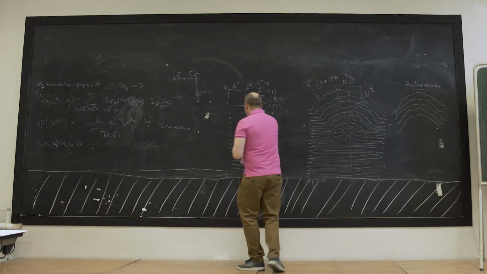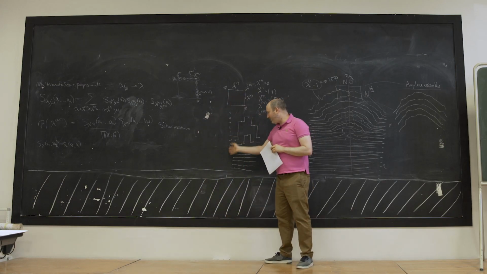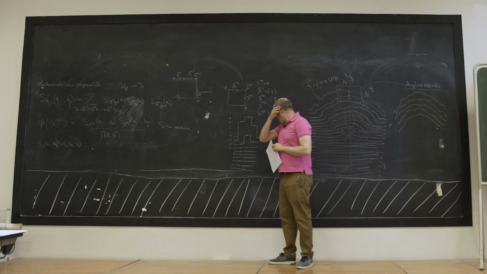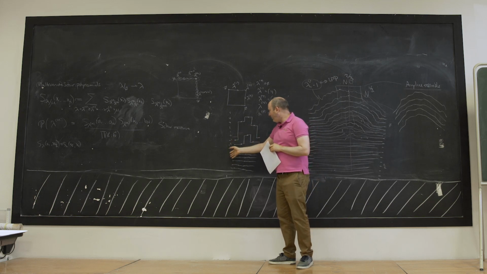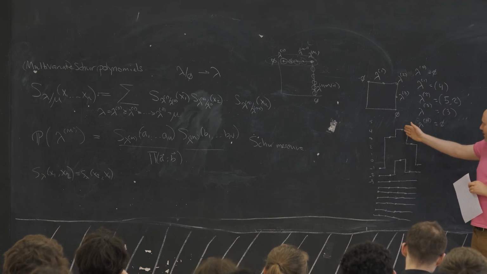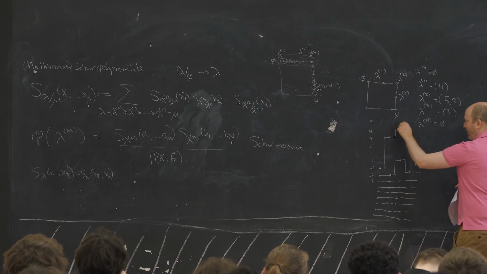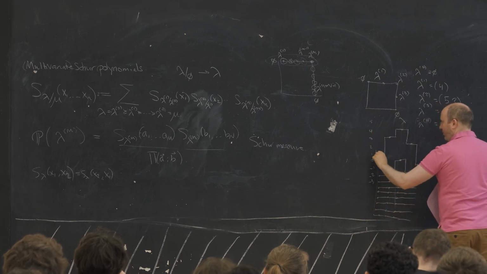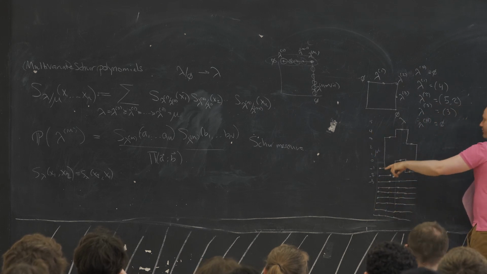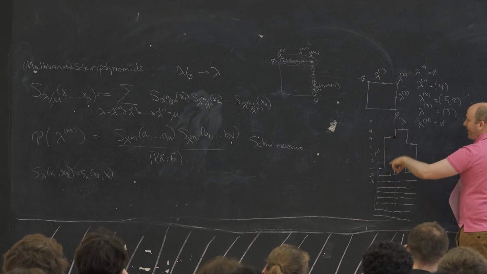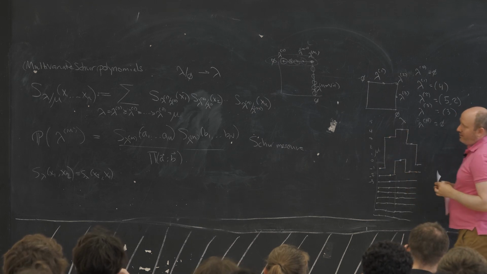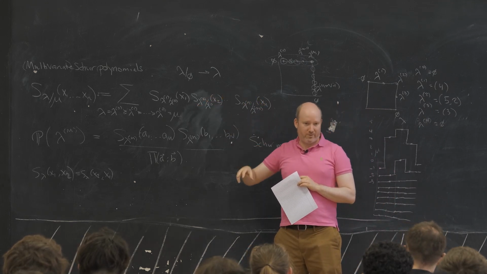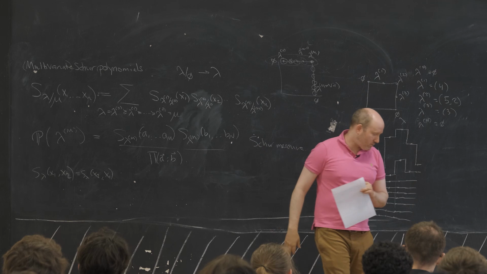So I start with some mu, maybe it's the empty partition, and then I look at the partition function. I look at the sum over all paths that end up at lambda. So maybe this state is lambda, and this state, whatever the point process is, is mu. And I look at the sum over all paths, and I weight those paths based on the x or the a parameters. These are these geometric jump parameters in the definition of skew Schur polynomials.